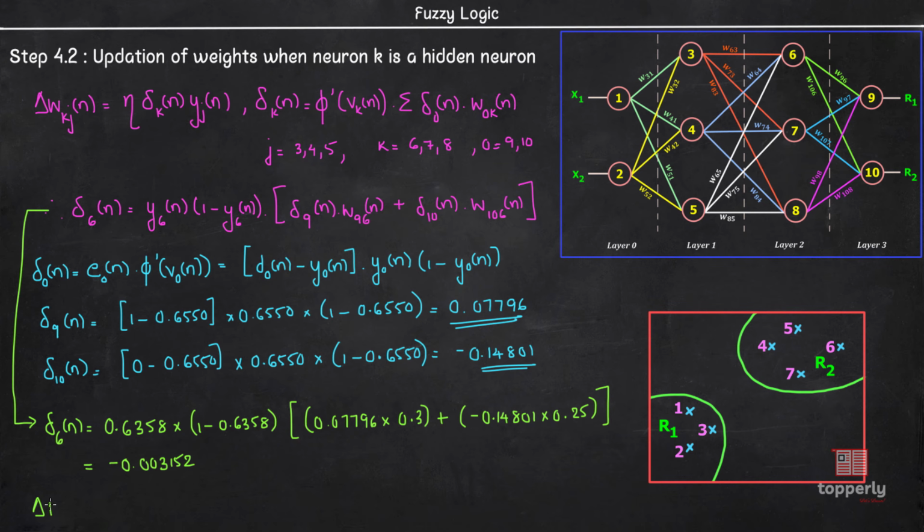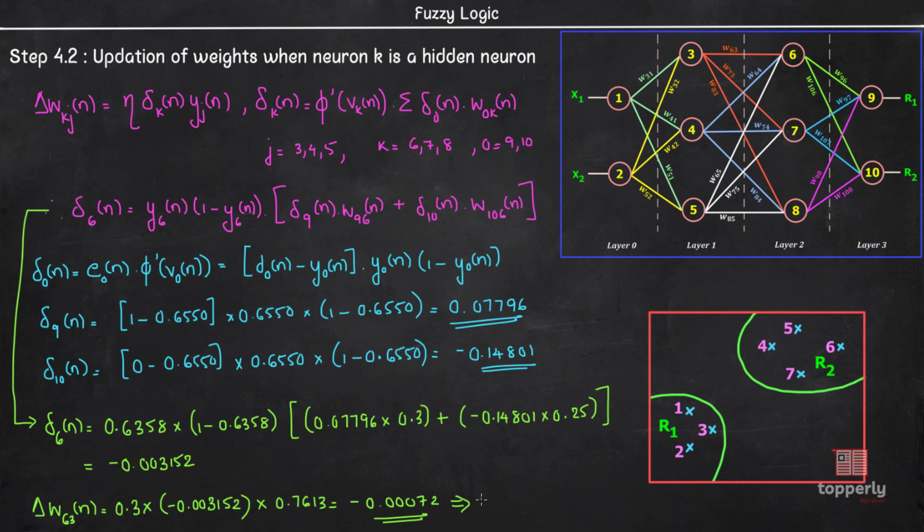Therefore, delta W63 of n is equal to 0.3 into minus 0.003152 into 0.7613, which is minus 0.00072.